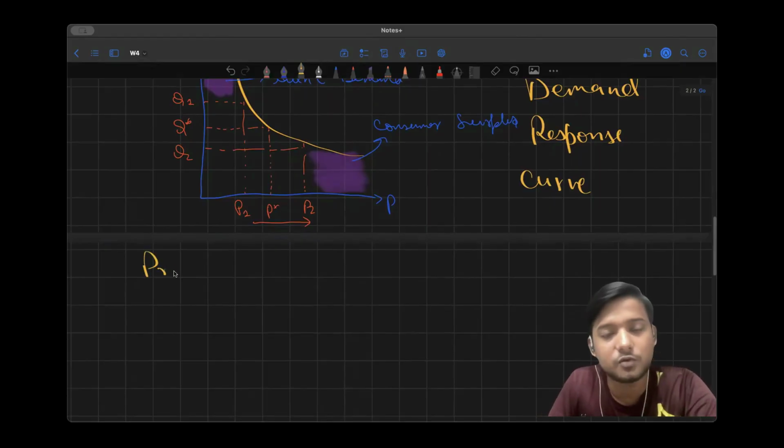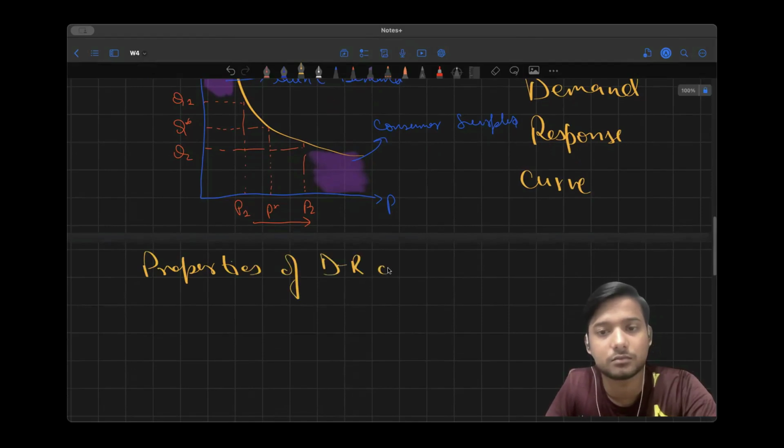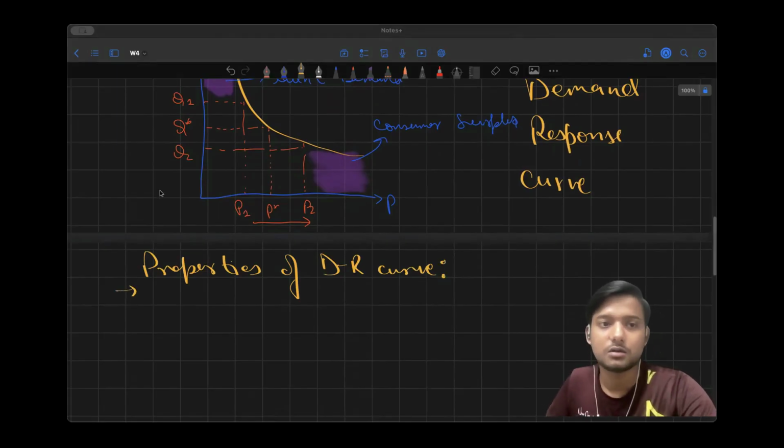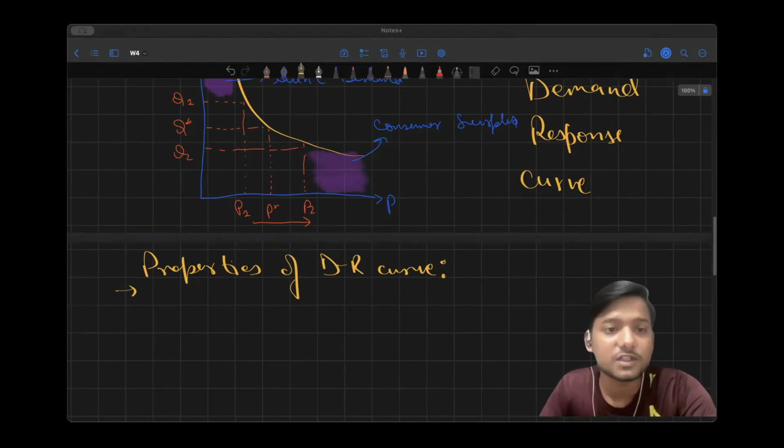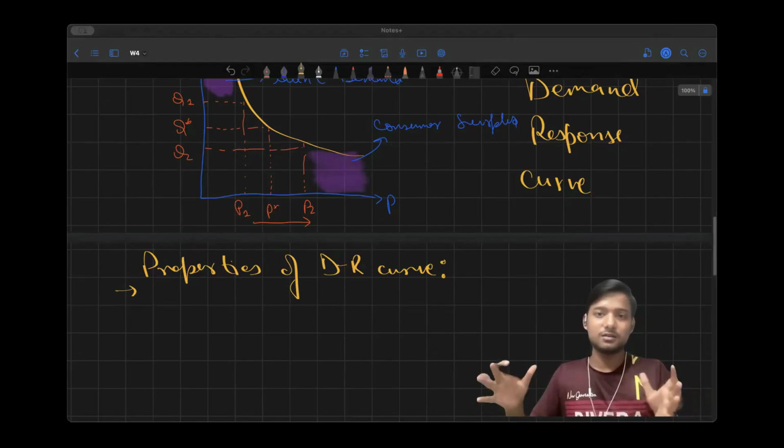So there are few properties of demand response curve which we should know. And these are quite obvious. We do not need to think something out of the box. These are quite obvious properties which it should follow. First one is going to be this demand response curve.